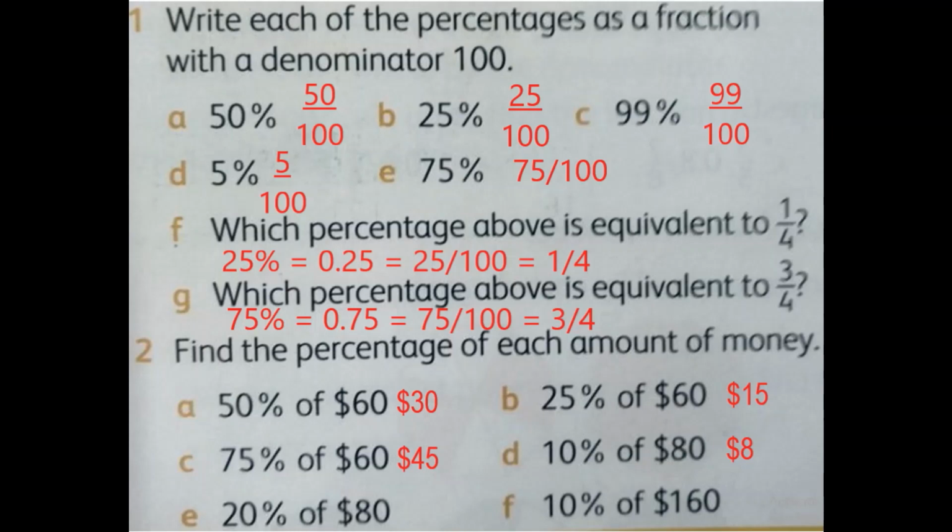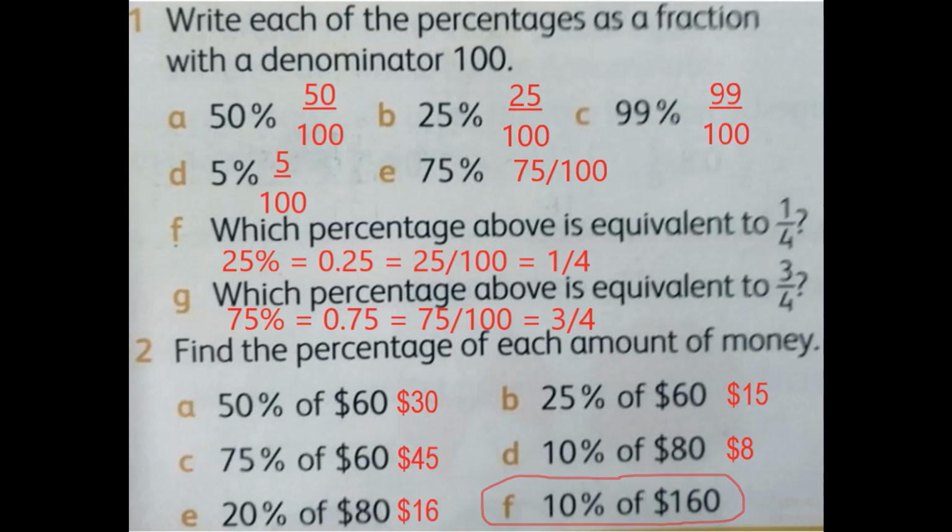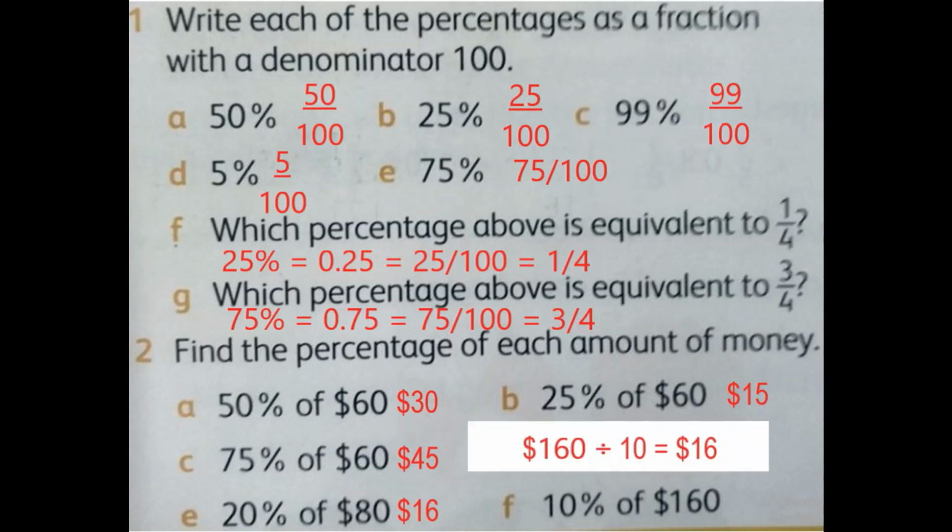So I'm going to take that $8 and multiply it by 2 and get $16. And then letter F, 10% of $160. So again, similar to what I did with 2D, I'm going to divide $160 by 10, and the answer I get is $16.